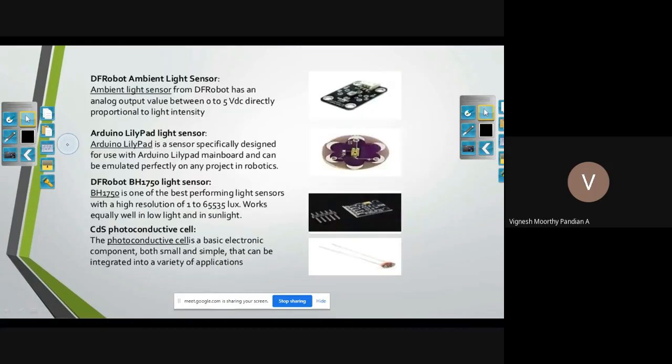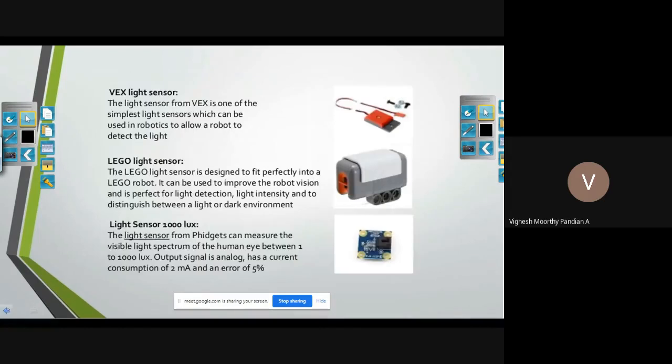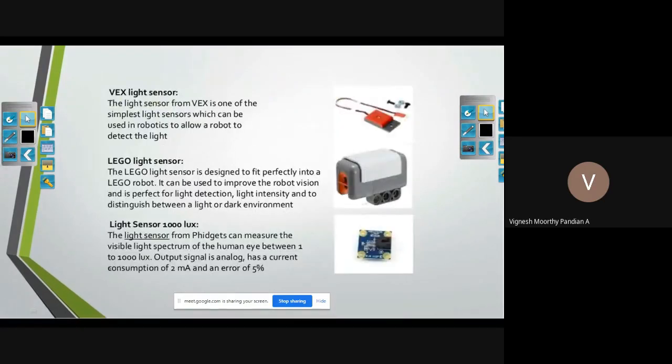These sensors are also used in cars. For example, if it is very dark, it automatically switches on the headlight.